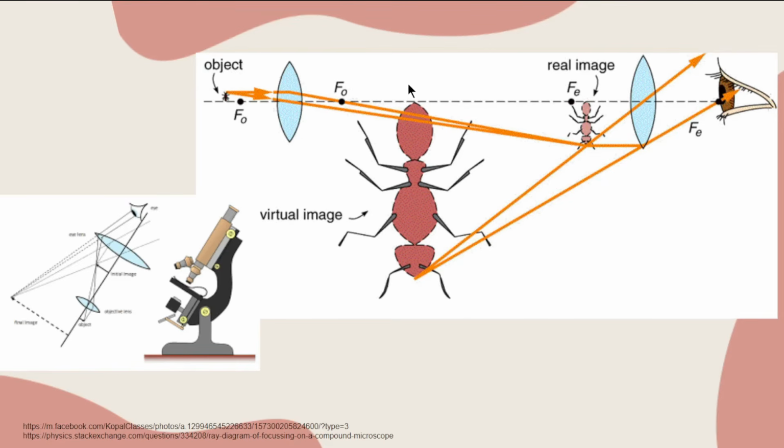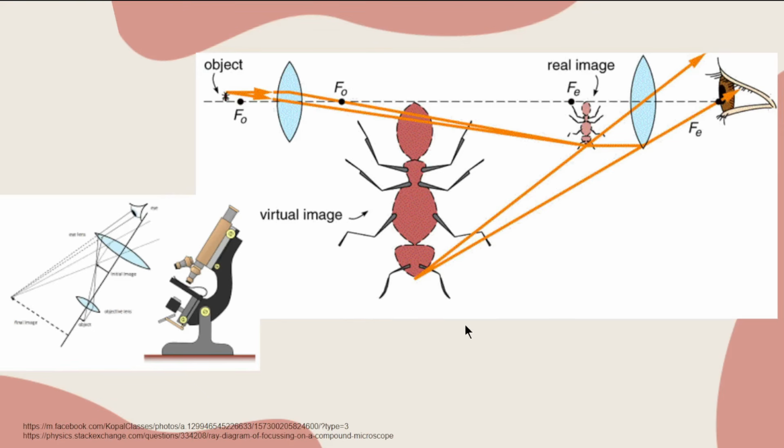This is a virtual image but a larger image than the object. So, ganun po ang goal ni microscope. So, minamagnify pa niya yung image na nakukuha natin sa specimen using the two convex lenses.